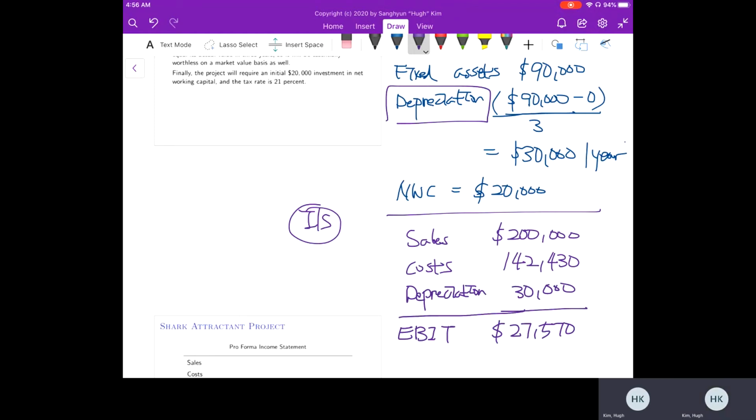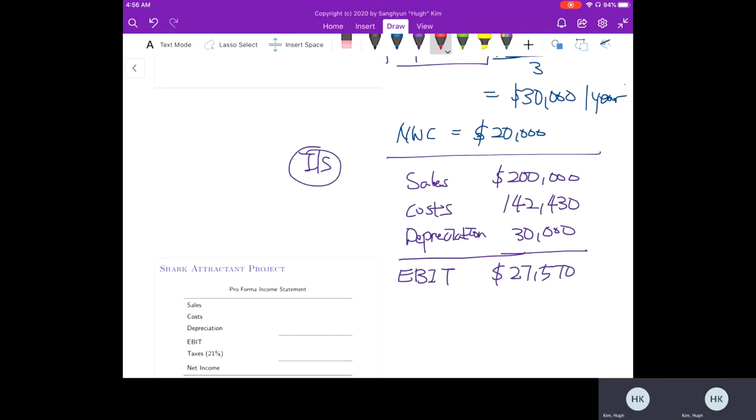And when we are doing capital budgeting analysis, we remove the financing expenses, because financing costs are not relevant incremental cash flows for capital budgeting analysis. So interest is 0, and earnings before taxes is equal to EBIT.